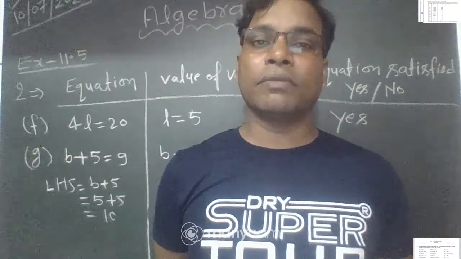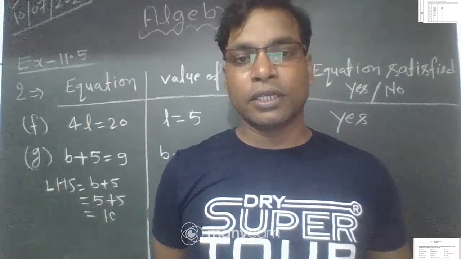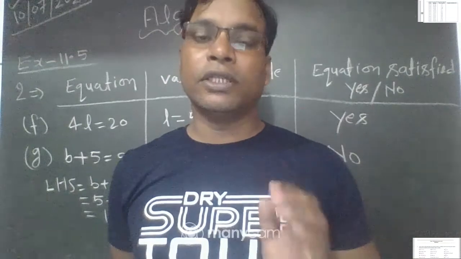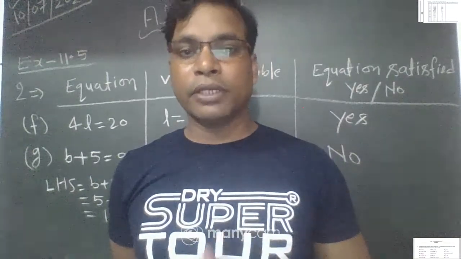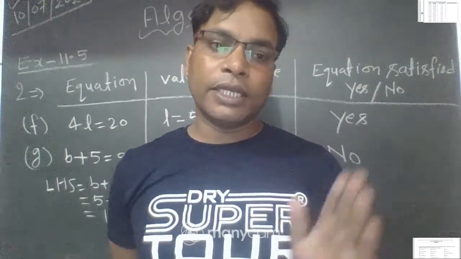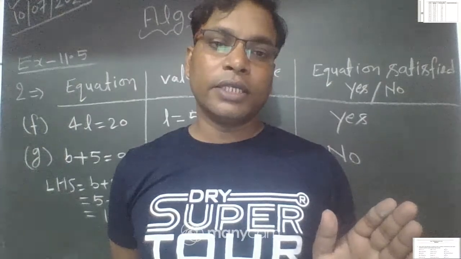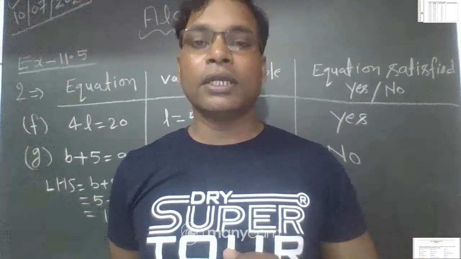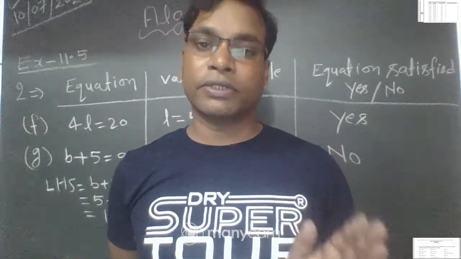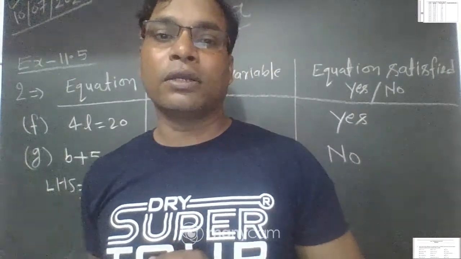If left hand side is equal to right hand side, then you can say the equation is satisfied. Then you write yes in the third column. If you put the value of variable in the left hand side of the given equation and it is not equal to right hand side, then you can say the value of the variable does not satisfy the given equation. So in the third column in front of this part you can write no.